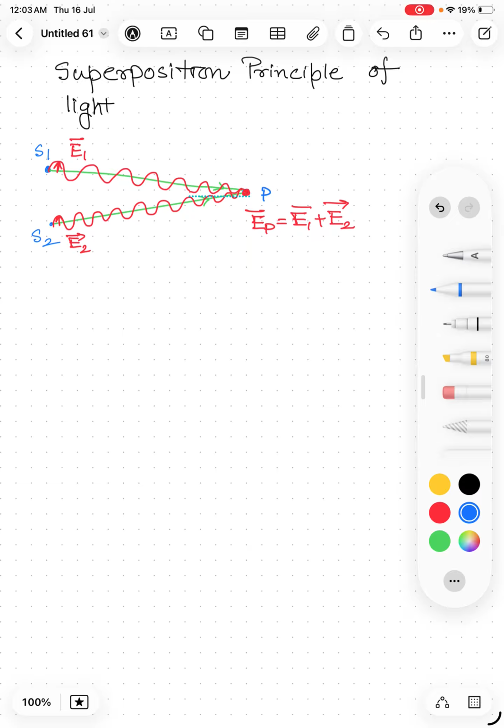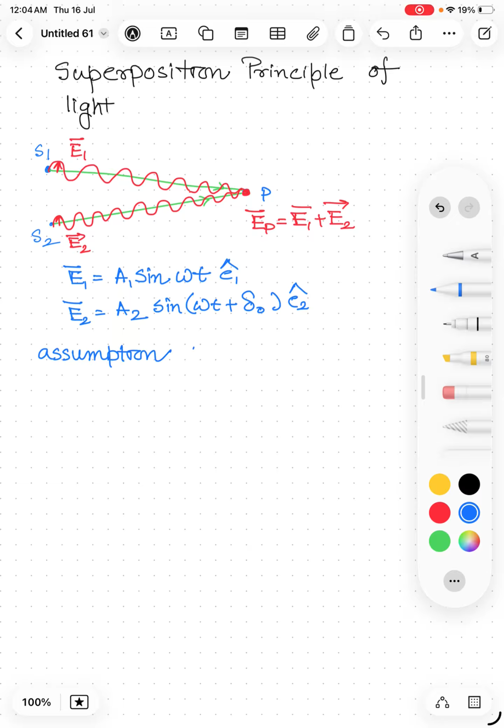We are going to assume that E1 is A1 sine omega t, into E1 cap, the unit vector, and E2 is A2 sine omega t plus some initial phase, say delta naught, into E2 cap, with the assumption that E1 cap is equal to E2 cap.